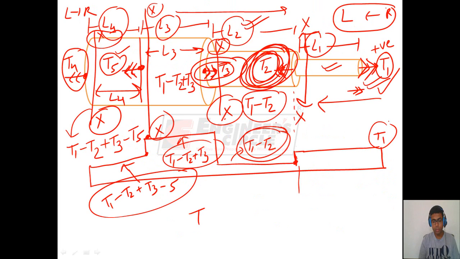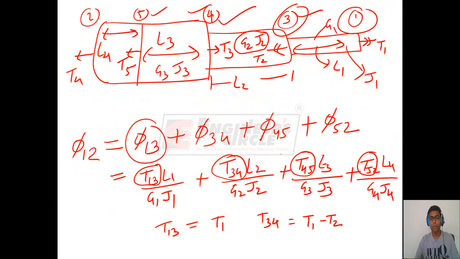Internal torque in the portion 4 5, that is this portion, is T1 minus T2 plus T3, and in the last portion it is T1 minus T2 plus T3 minus T5. So we have found all this internal torque using the internal torque diagram, and then using the equation that phi is equal to TL by GJ, we can find what will be the angle of twist of cross section 1, that is this cross section, with respect to cross section 2, that is this cross section.